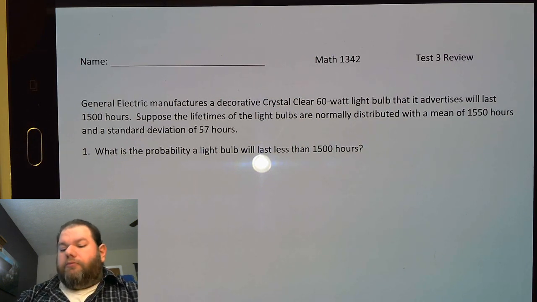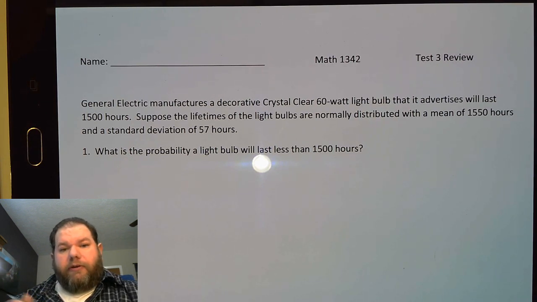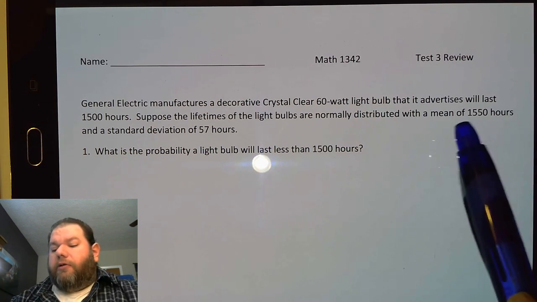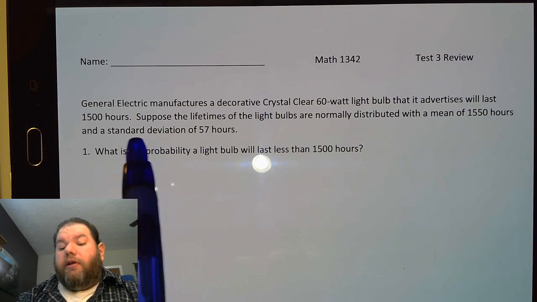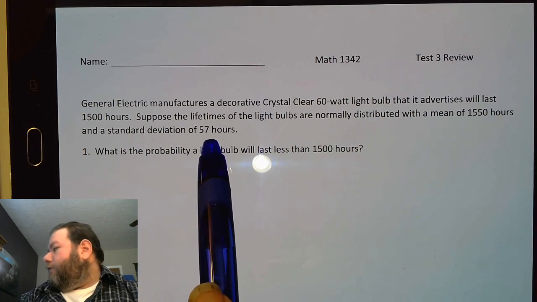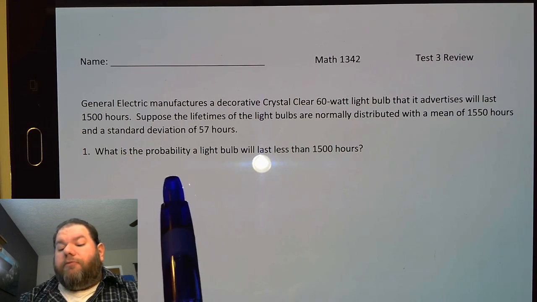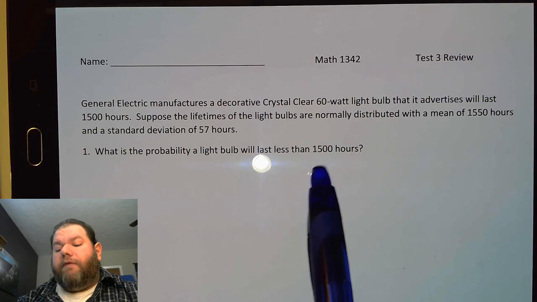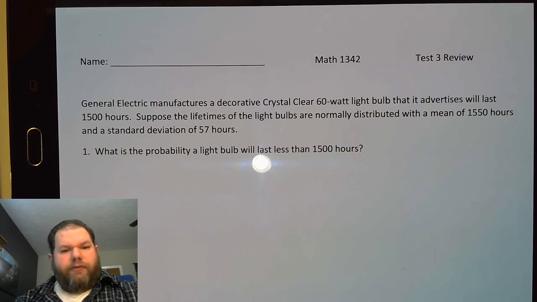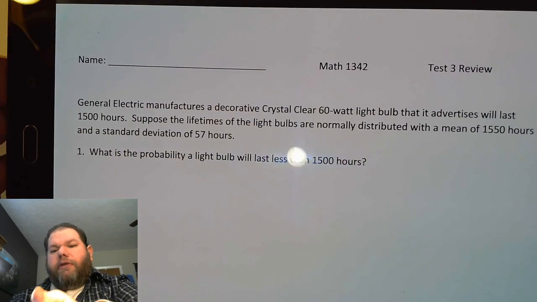Well, first of all, let's pick out some key details here. The mean is 1,550 hours. Standard deviation is 57. And then we want the probability that the bulb will last less than 1,500 hours. That's really the key information that we need.